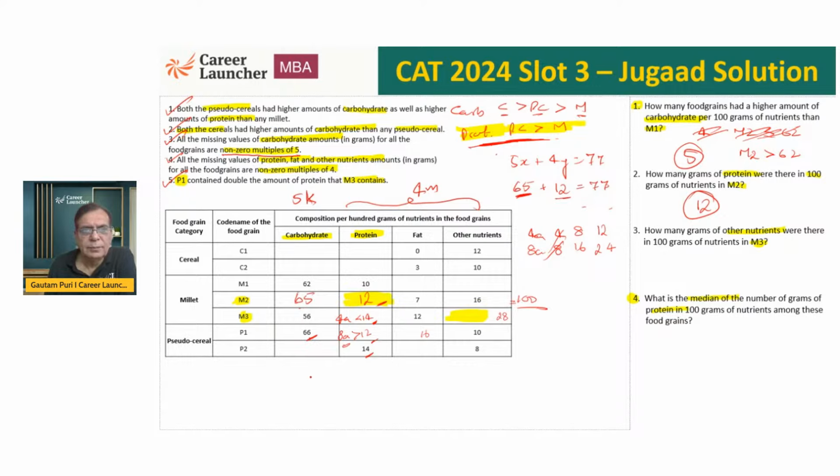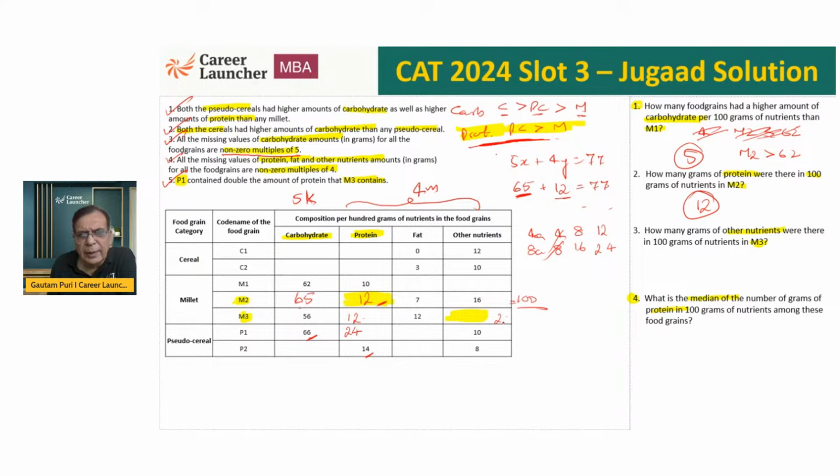Okay. Now what will happen if these are 12 and 24? Let's just look at these. What happens if these are 12 and 24? So what does it become? 56 plus 24, I'm just erasing this. What was it earlier? 56 plus 24, 80. This becomes 20.